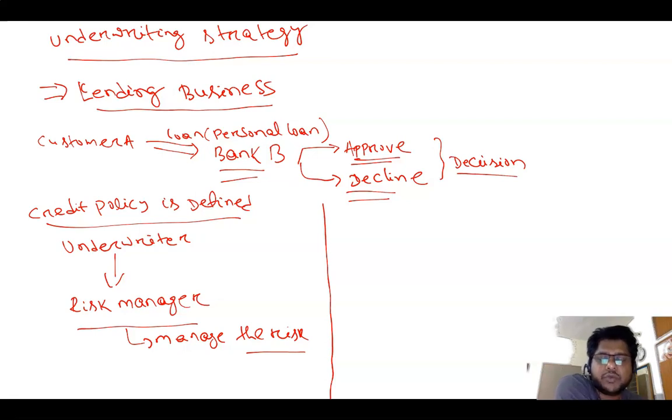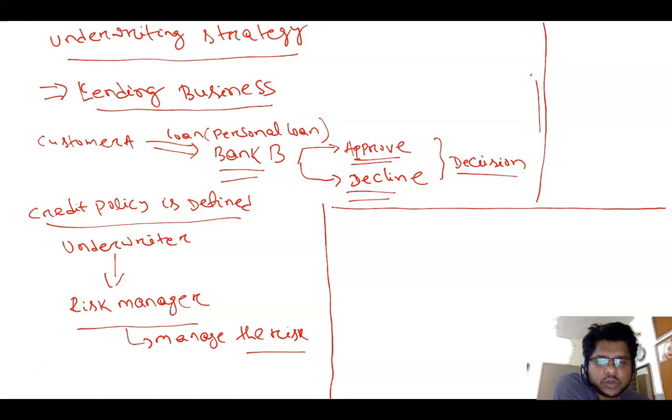Before we go into understanding the strategy development, first we will understand what a credit risk model or credit score is. So credit score, I'll not discuss how to develop a credit score, that is not in the scope of this lecture. We'll directly use the credit score with its meaning.